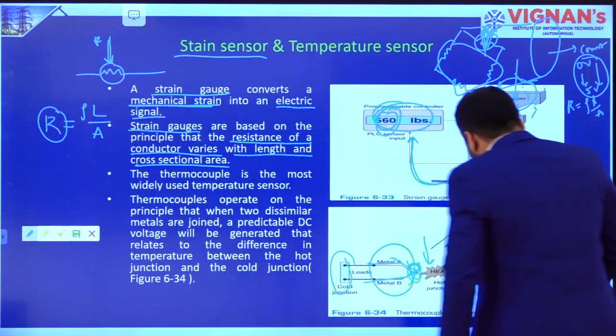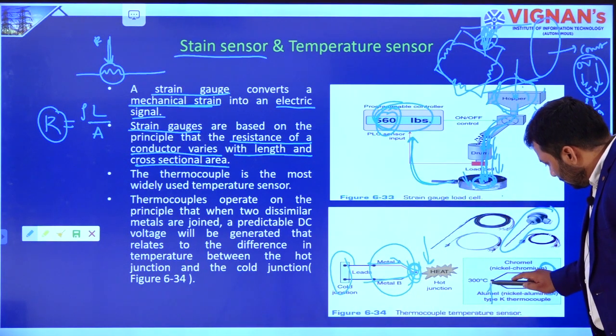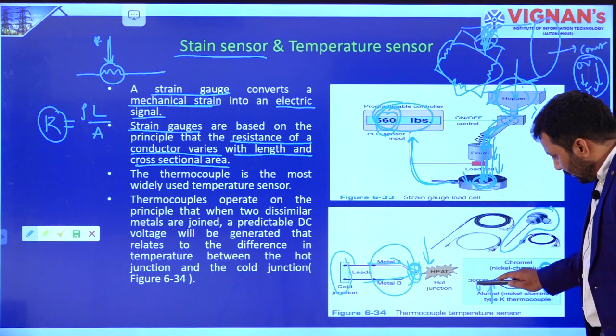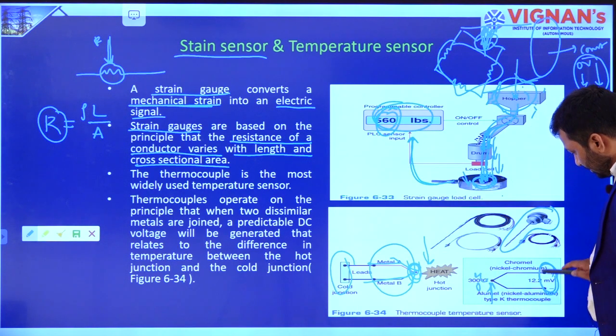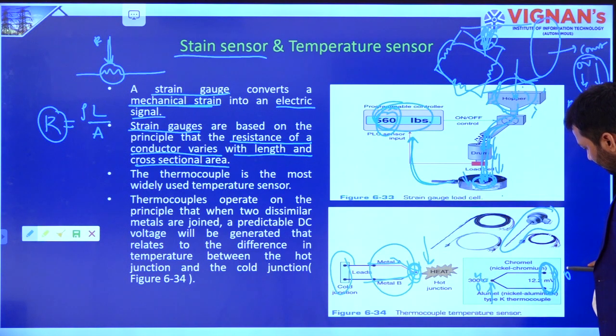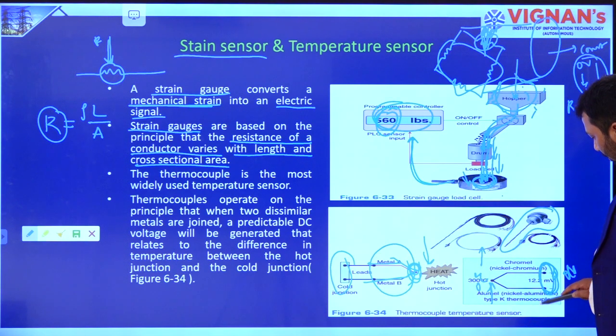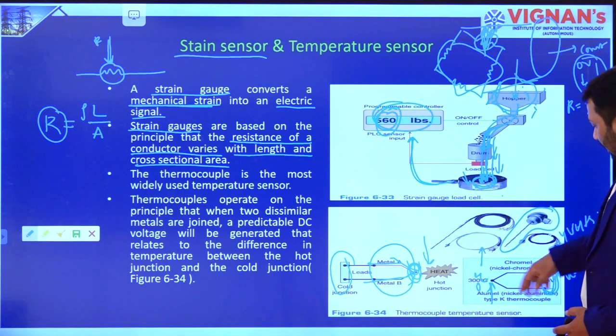What is there? See here at the end, at the cold junction, if you place 0 degrees Celsius, the voltage across these two terminals is 0 volts or some constant voltage, x volts, right. If you keep on increasing the temperature, this voltage is going to increase to y volts, right, like that.